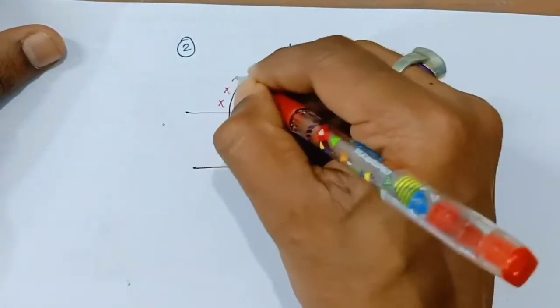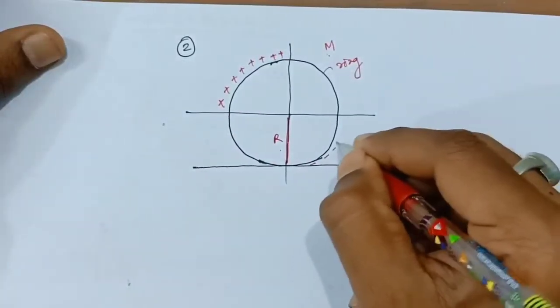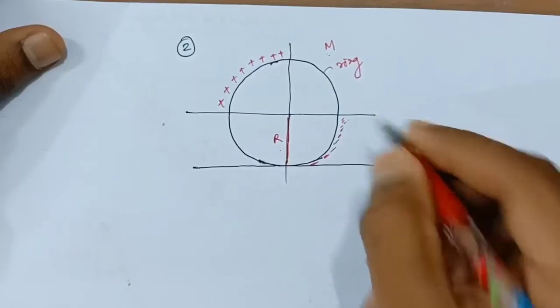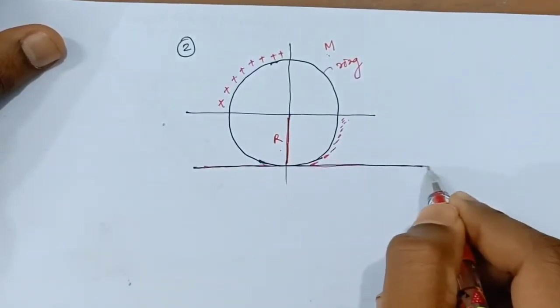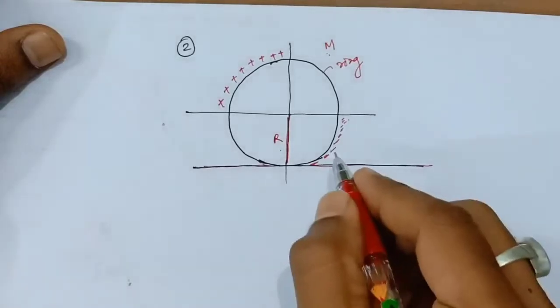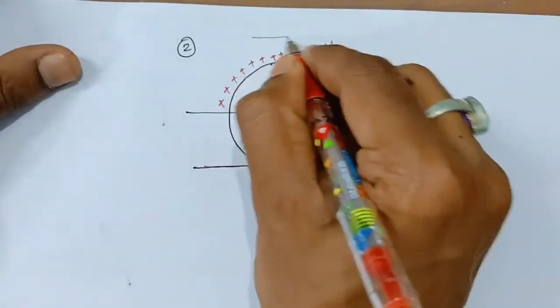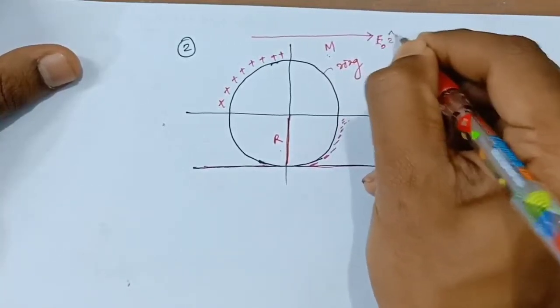One section of the ring is positive, and this other section of the ring is negative. In the question it is framed like this, and this ring lies on a rough horizontal surface. At time t equals 0, an electric field is supplied. The expression of the electric field is E naught i cap, in this direction.